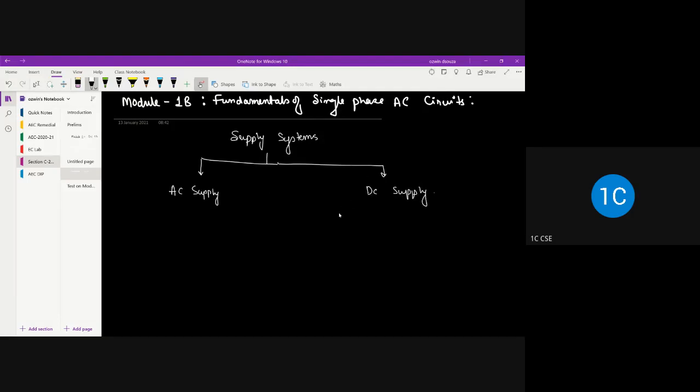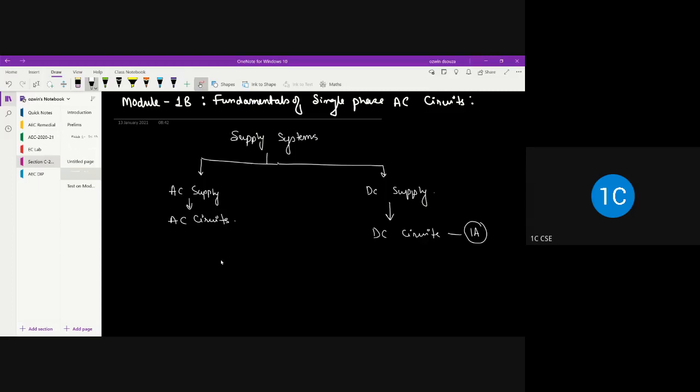The circuits which work on DC supply are called DC circuits, about which we have already studied in module 1. On the other hand, the circuits which work on AC supply are called AC circuits.